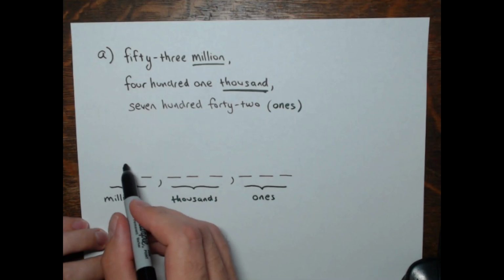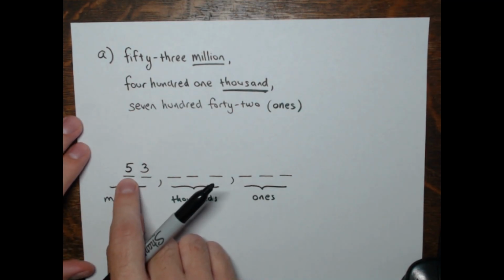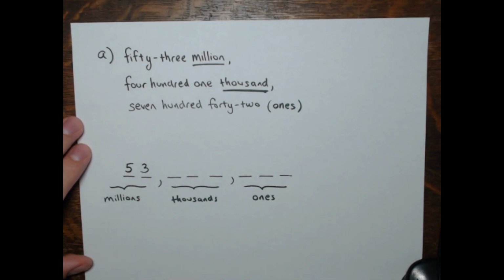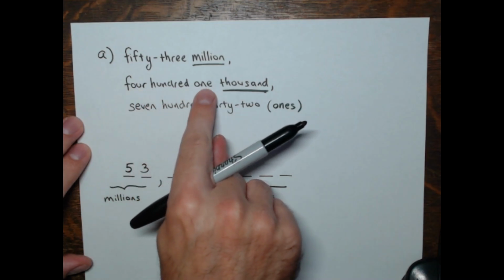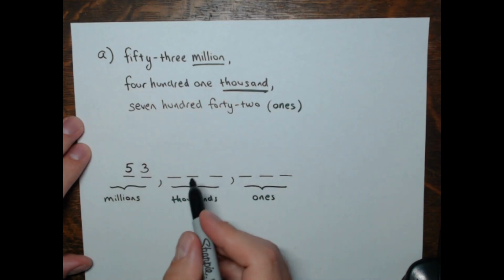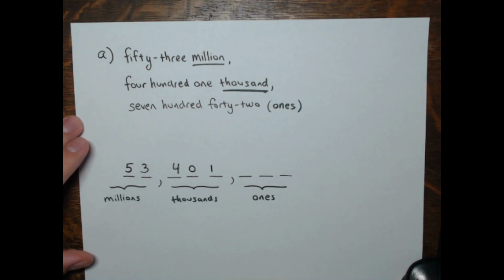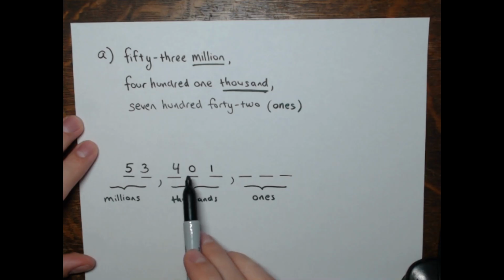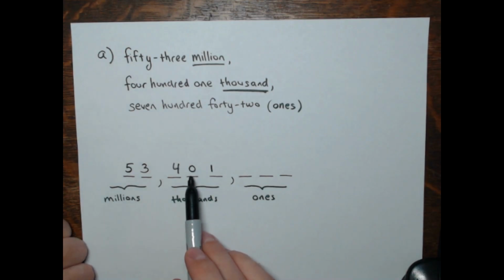53 million. So it's 53 right there, 53 million. So it should be 5 in the 10 millions place and 3 in the millions place, comma. Then 401,000. So in the thousands, it's 401. 4 in the hundred thousands place. Notice there is no 10,000, no tens of thousands mentioned.